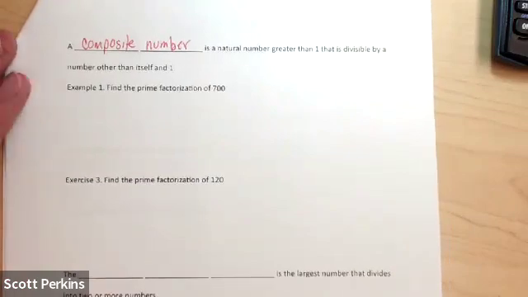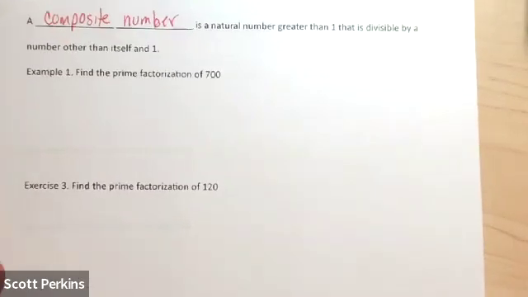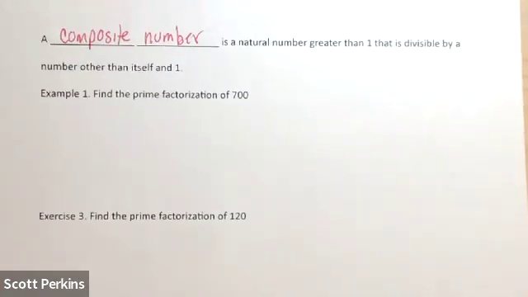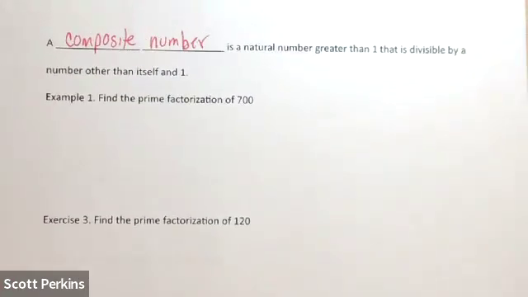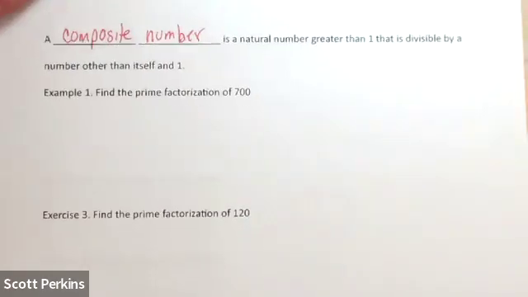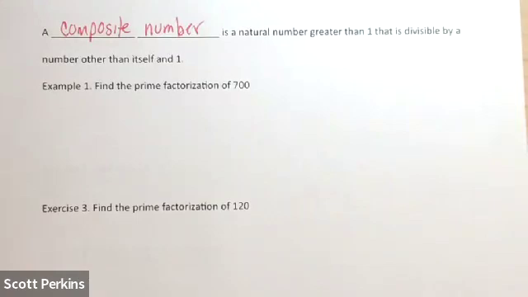So for instance, example 1 right here, this is a composite number, 700. And what we're going to do is write it as its prime factors as we go through. So let's do that. We're going to create what's called a factor tree. We're going to use the rules for divisibility, and we're going to break 700 down into its most basic parts.